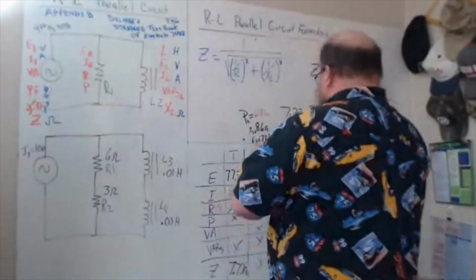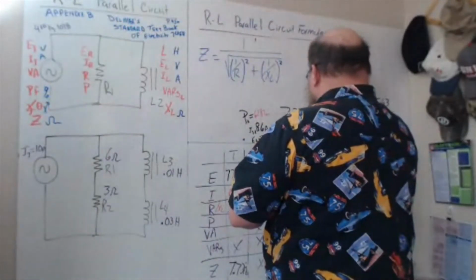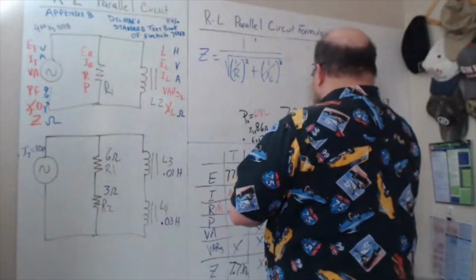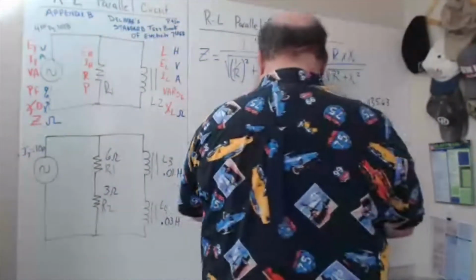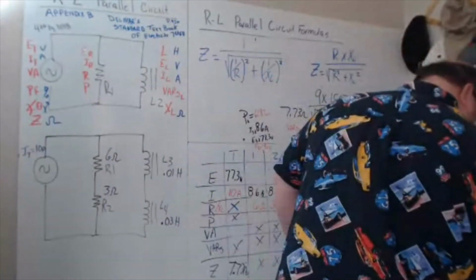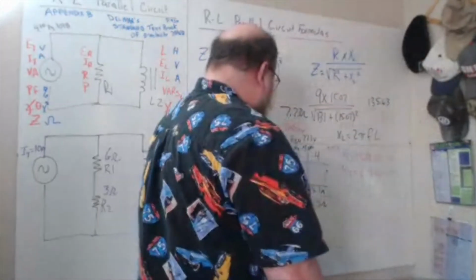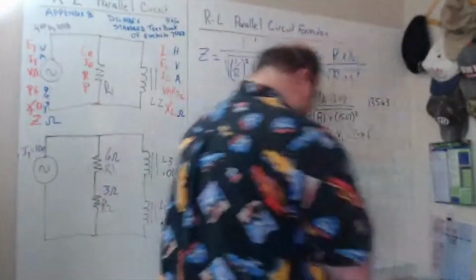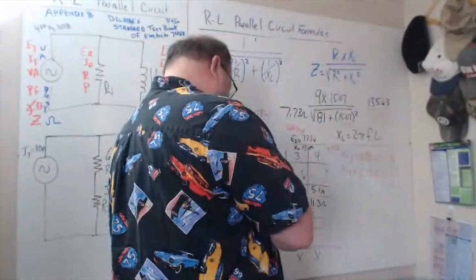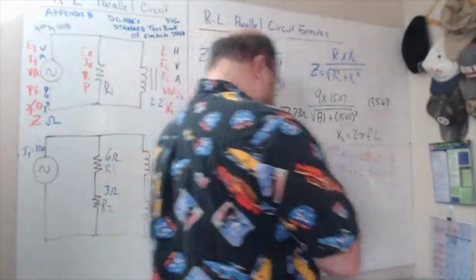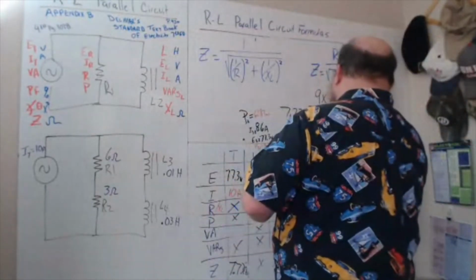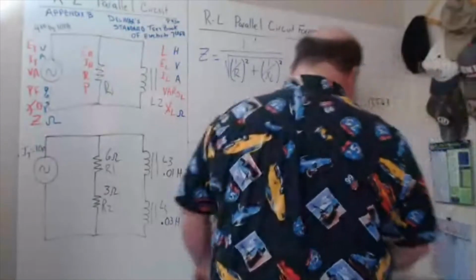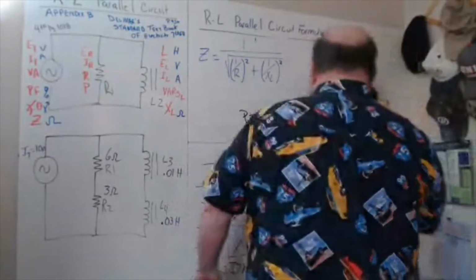And then to get my VARs, that's where I'm going to multiply my 5.1 times my 77.3, which is 394.2.